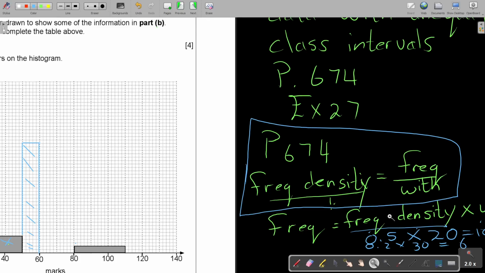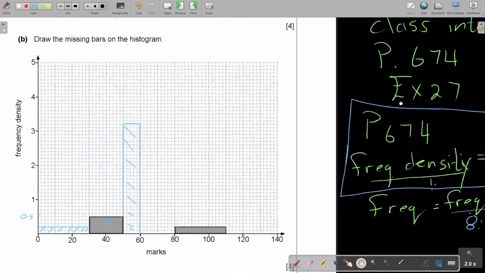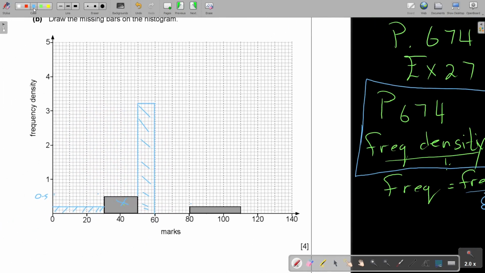So if I make it bigger, again, it's at 1. Okay, let's just get the pen correct. Okay, and it's this one here. And again, my stripes.